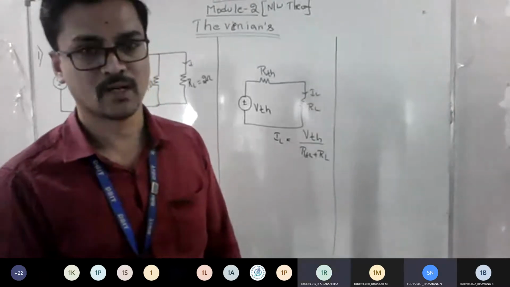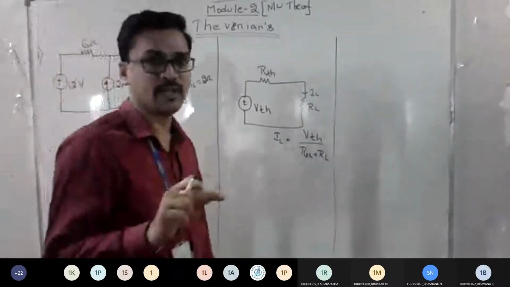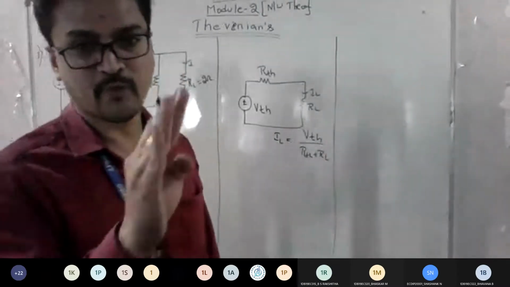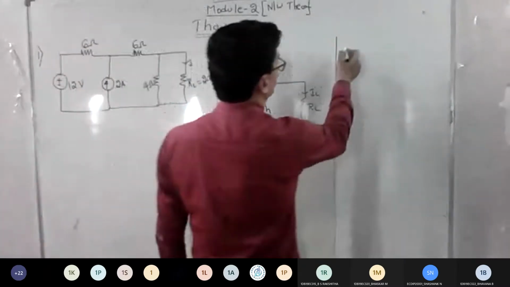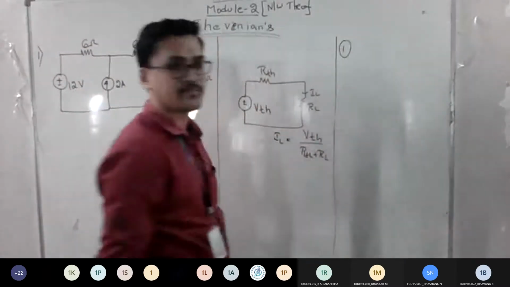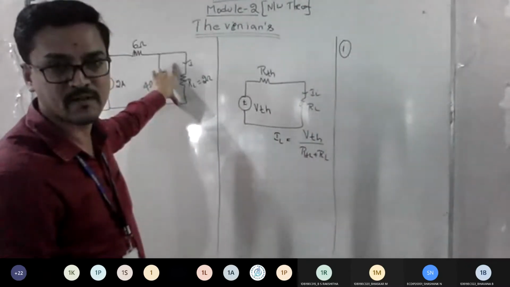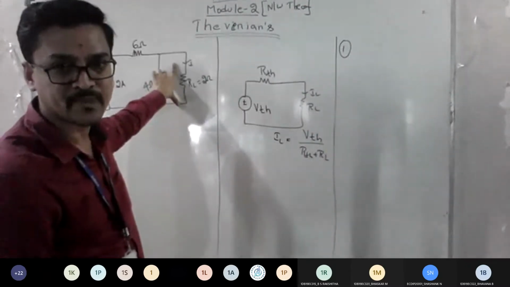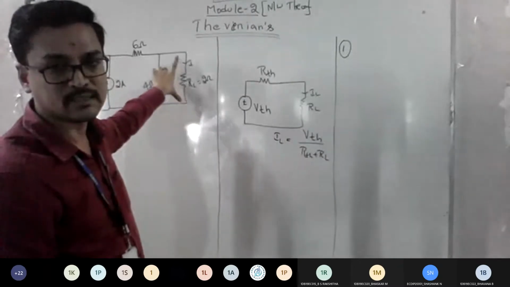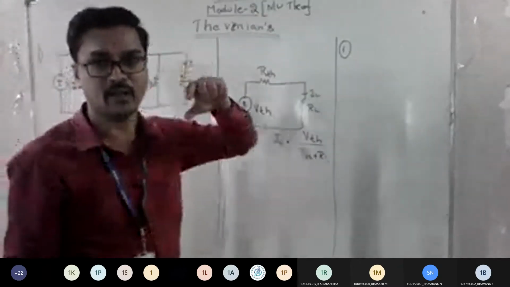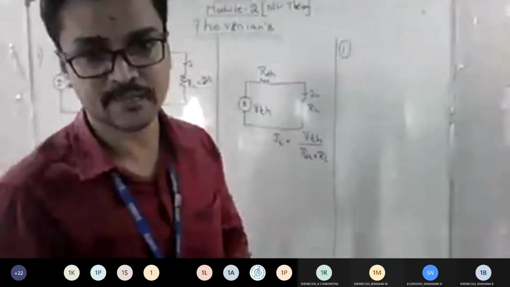Okay, good. Now, what did I tell you? To solve any Thevenin's problem, you need to follow four steps. Step number 1: wherever terminals or a load is given across which the current should be found, you need to eliminate that load and replace it with RTH and VTH.